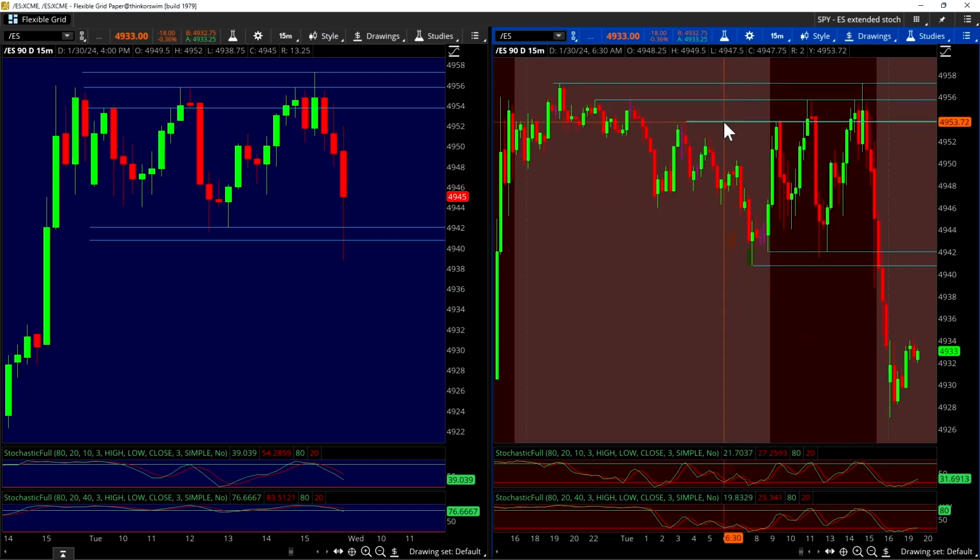We don't even need this one, right? Forget that. Here we got these top ones, and we got the two lowest ones here of the day. And that would have got you a really good scalp or trade, however long a trade you're in. And there's the range, boom, and here's your range. So that would have been a perfect setup.